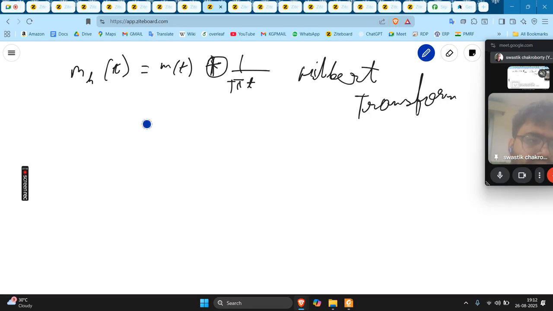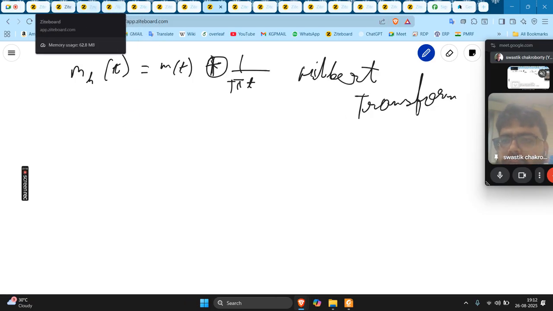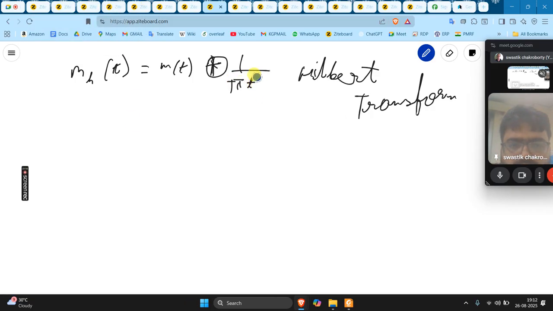Now, the first question: is it time varying or time invariant? Here you see that the function m(t) is getting convolved with is explicitly a function of time. For a time invariant system, there should not be a time expression outside the message signal.